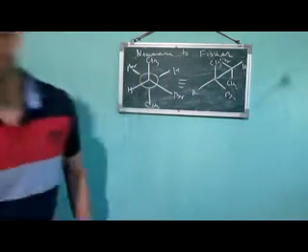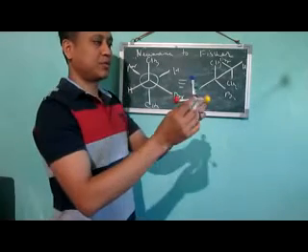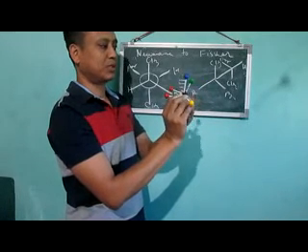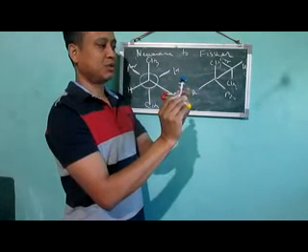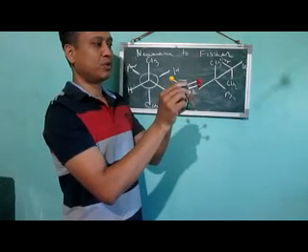So this is the Sawhorse form, or if you see it like this, it is the Newman projection formula. So if you have this molecule, the configuration of the molecule will be like this.